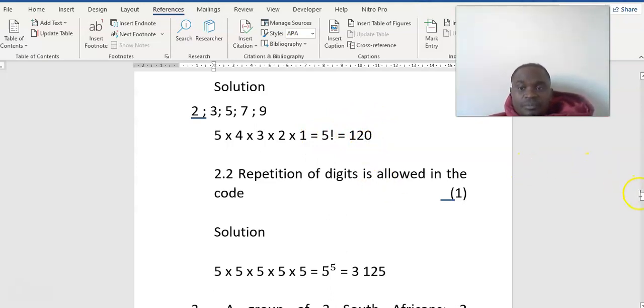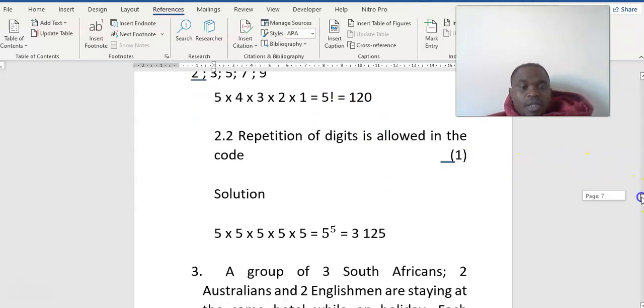Then the next one is repetition of digit is allowed. So you can repeat the digit. If you use it in the first space, you can use it in the second space. So here I can use it in the first space, second space, third space, fourth space, and the fifth space. And this one is going to give us what? Sorry, 5 to the power 5.